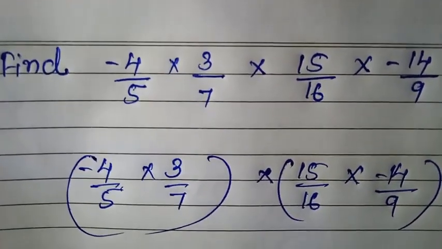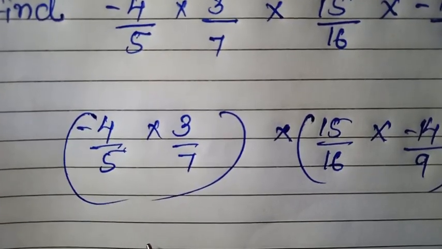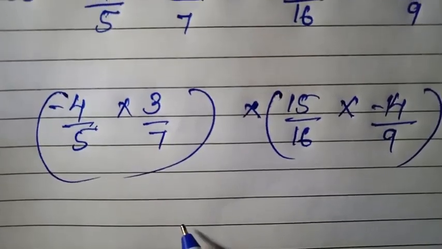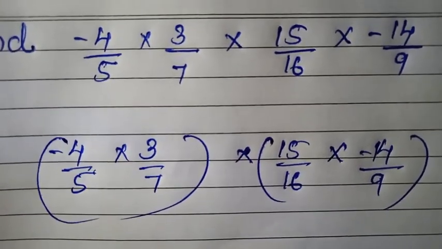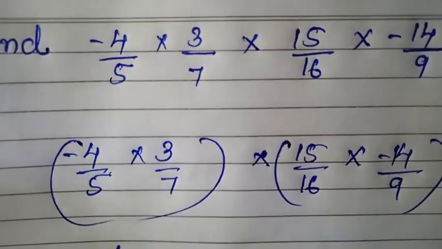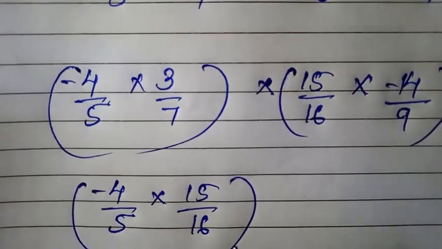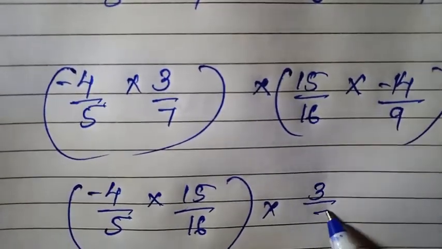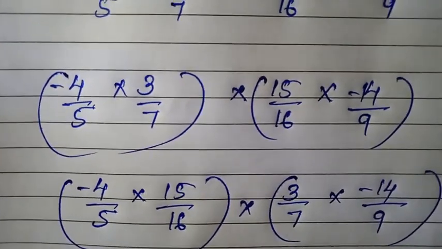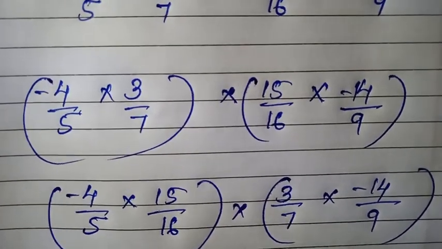Then minus 4 by 5 into 15 by 16 using commutative and associative property. So shall we take it like this, minus 4 by 5 into 15 by 16 and into 3 by 7 into minus 14 by 9. So this is the easy way to cut. Otherwise we can multiply and do it, no problem. But this is the very easy way.